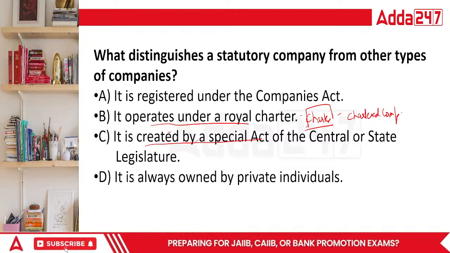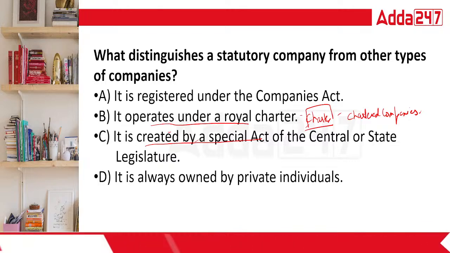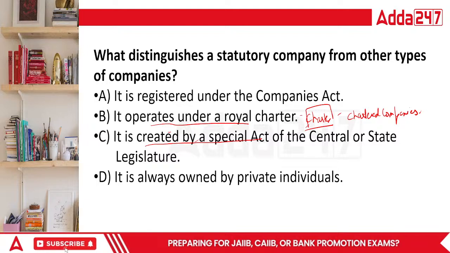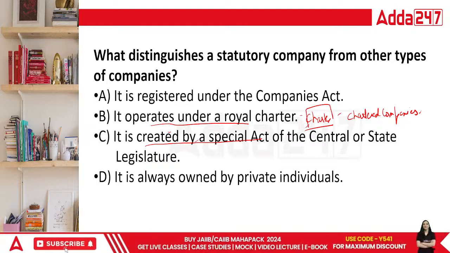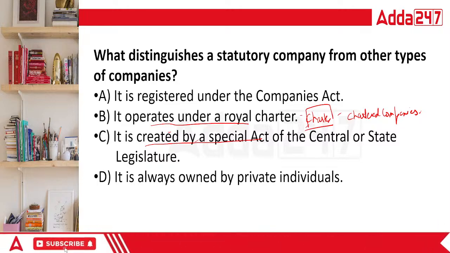And one of the biggest examples is East India Company. In this examination, I think last to last year, they asked a specific question, give an example of chartered company. In the book, they had given the idea of East India Company, and that is what even was asked in the examination as well.